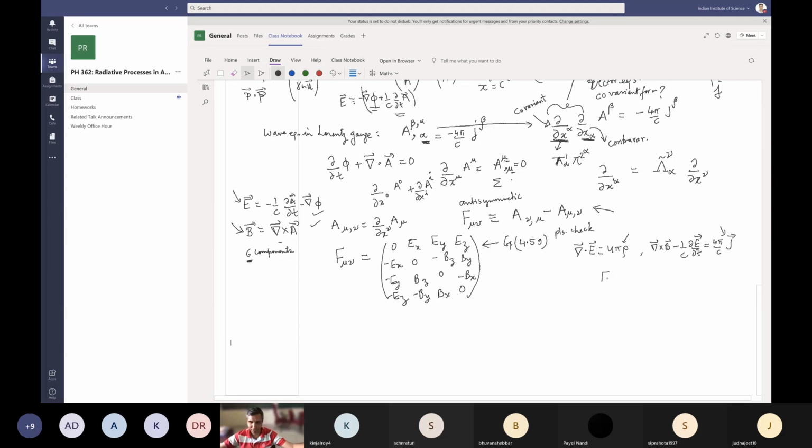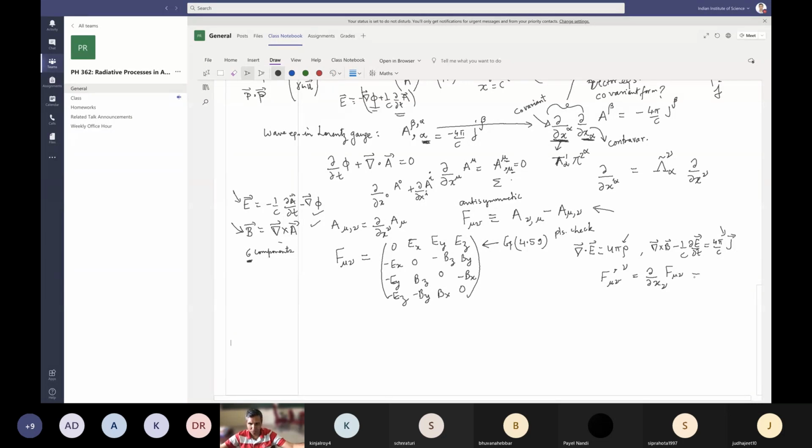So this is nothing but F mu nu comma nu, right? So this is nothing but the derivative with respect to x nu of F mu nu. You have to be very careful about where the index goes, whether it goes on top or at the bottom, subscript or superscript.